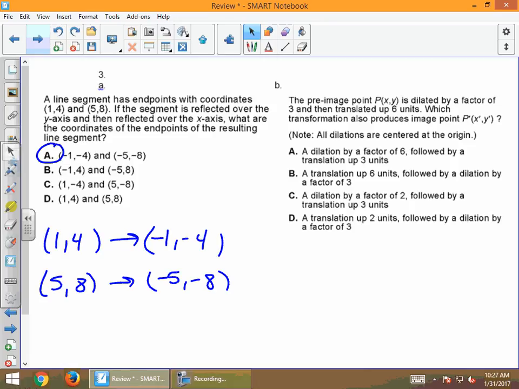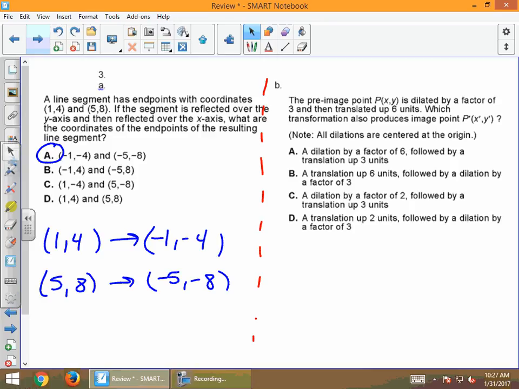Okay, take a look at B. So the pre-image point, x, y, where x and y are just a random point, is dilated by a factor of 3 and then translated up 6 units. Which transformation also produces the image point? Well, it's really hard when you're not given numbers.